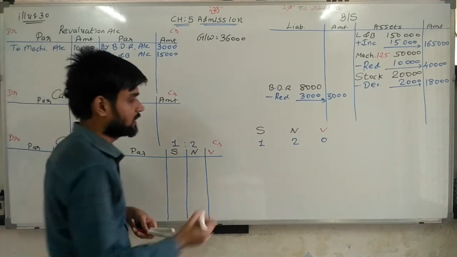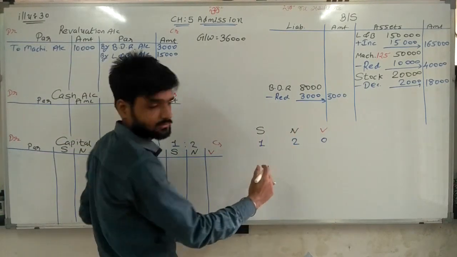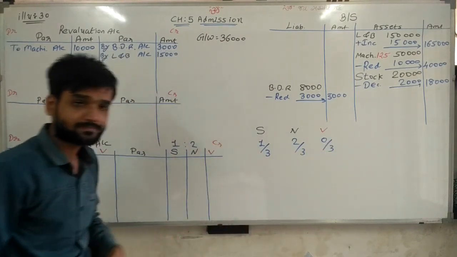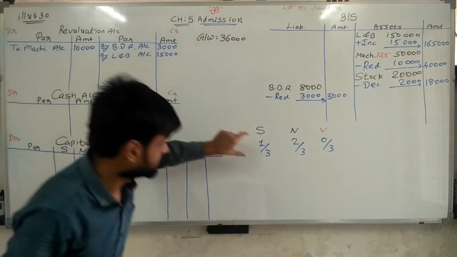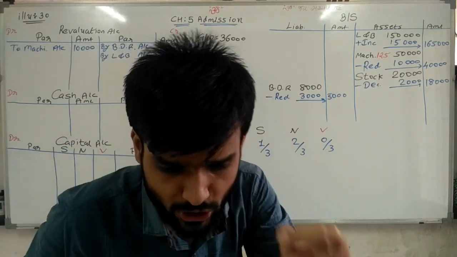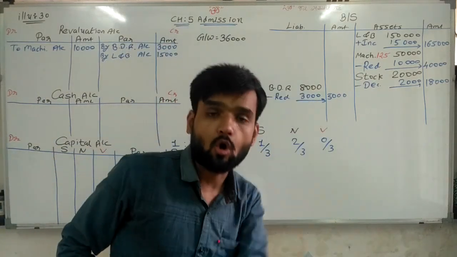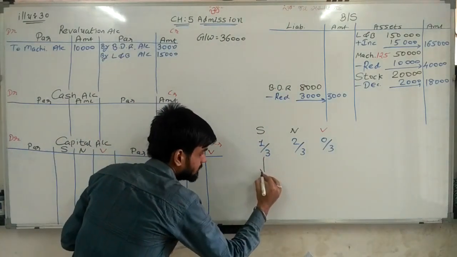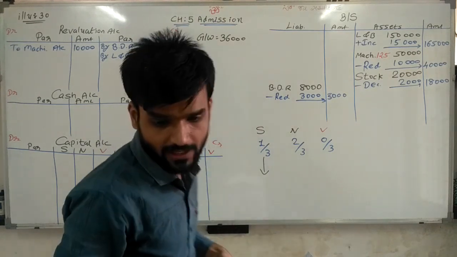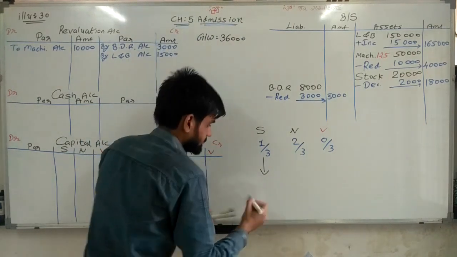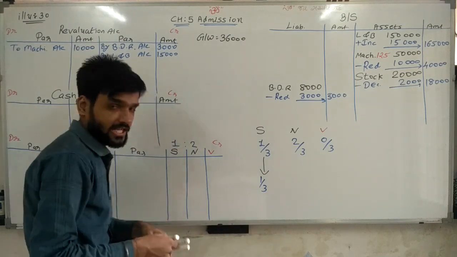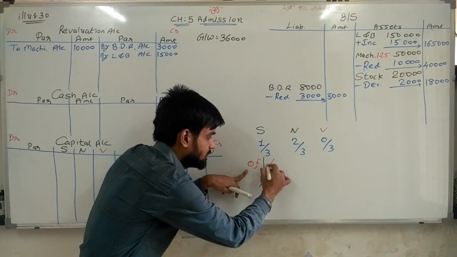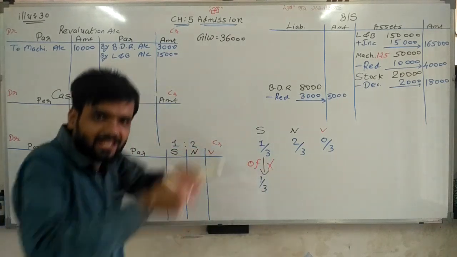So first of all 1 plus 2 plus 0, 3. 1/3, 2/3, 0/3. Now this first partner, Shivani, sacrificed 1/3 of her share. So Shivani sacrificed 1/3 of her share. So of means first multiply, then give.